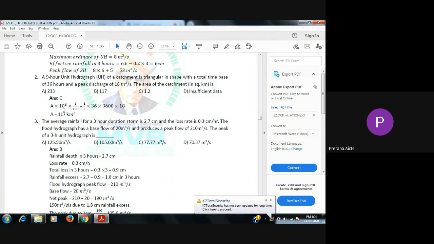Multiply by 1 by 100, meaning effective rainfall of 1 centimeter divided by 100 is in meters. That equals the area of the triangle, half base times height: base is 36 into height 18 meter cube per second, into 60 per minute into 60 per hour. Like this it will arrive. So if you find A from this, it is 117 square kilometer.